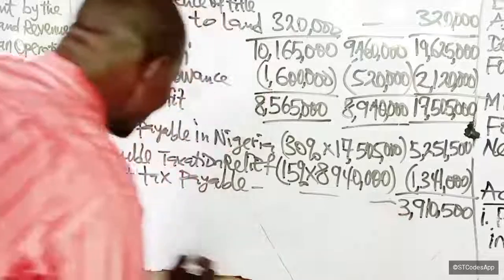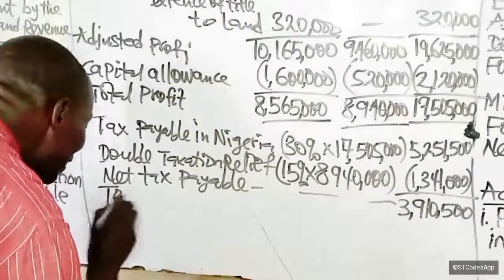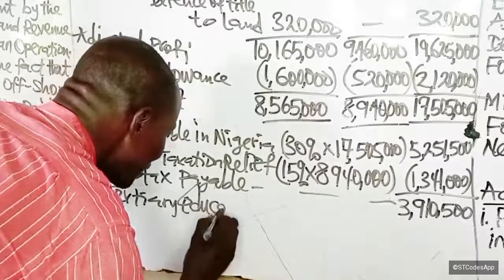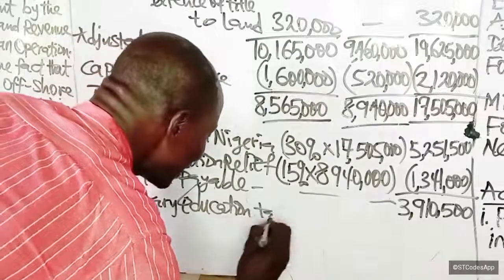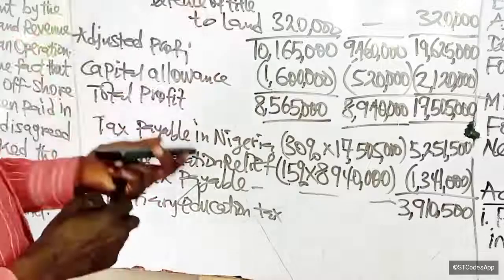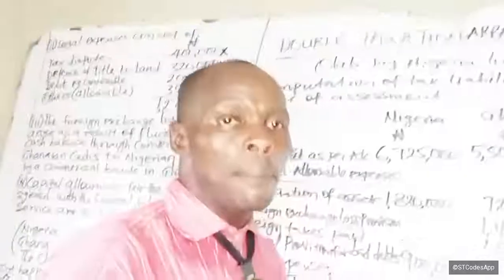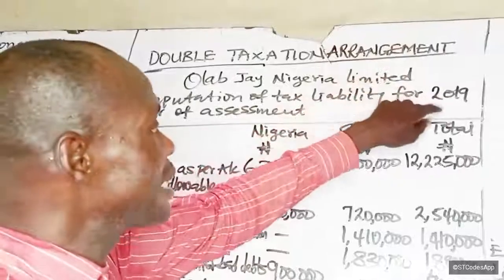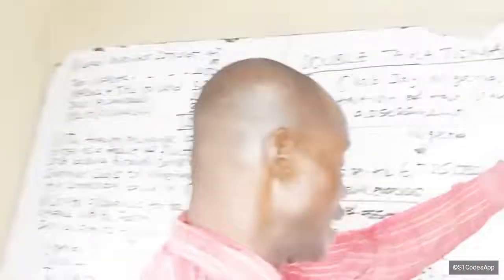So we have tertiary education tax. I want you to know that there is no retrospective application of Finance Act. The year of assessment is 2019. As at 2019, the tertiary education tax rate was 2%.